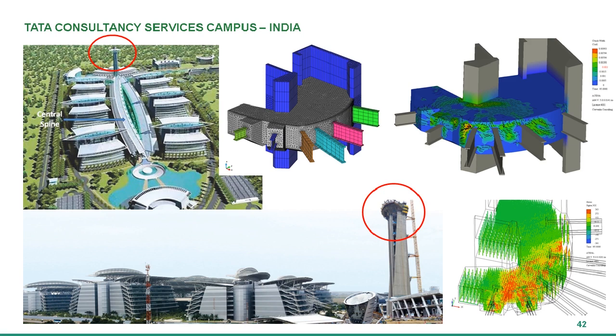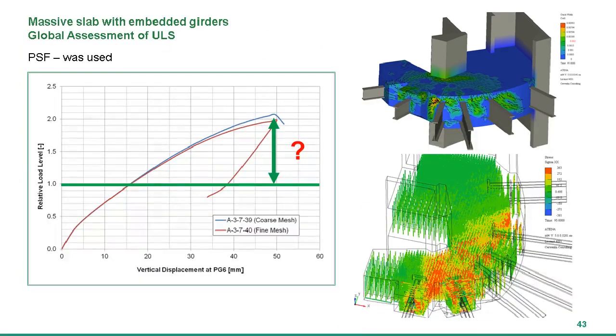This is from a real project in India. At the top, there was a very thick slab with some connected steel elements. And of course, to design this and even to check such a design, the standard tools are very difficult to apply. So nonlinear analysis was used to check the design.